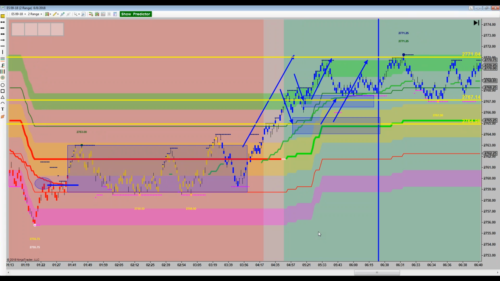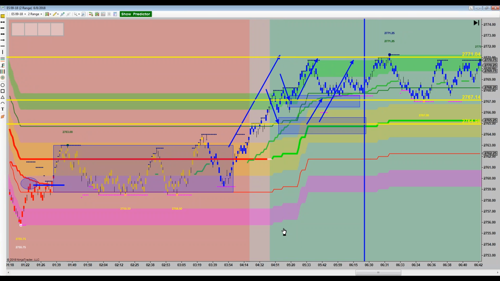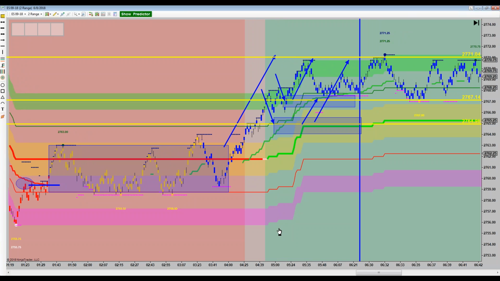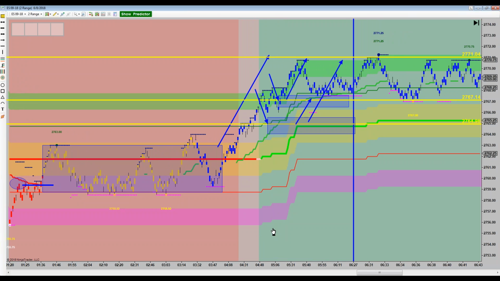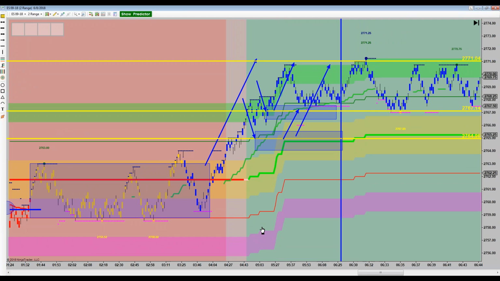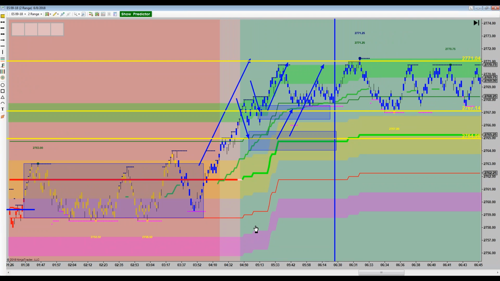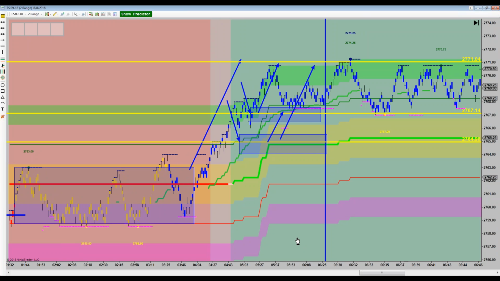All right, here we are at 6:40. We're 10 minutes into the equity market open. There's 6:42. 6:43, 13 minutes into the market open.